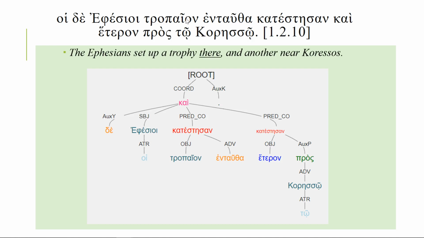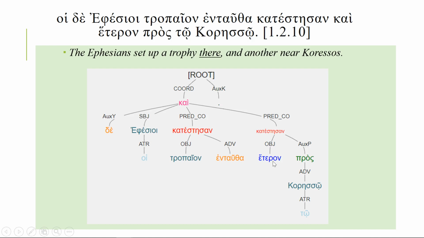Now, to make a tree of this sentence, we need to repeat the verb, because if I don't repeat the verb, then I have to hang tropaion and tauthen, heteron, and pros all on one verb, and then we have confusion. We don't know what the two sides of the sentence are. You have to have a verb to join these two, so you repeat the verb.